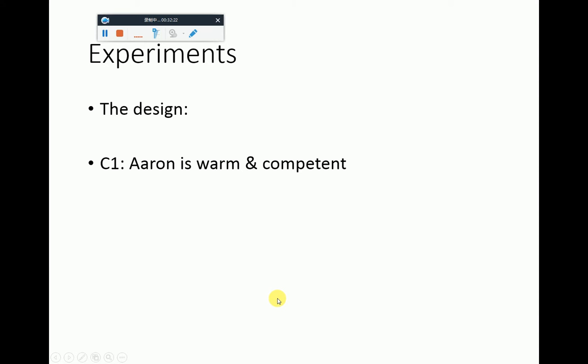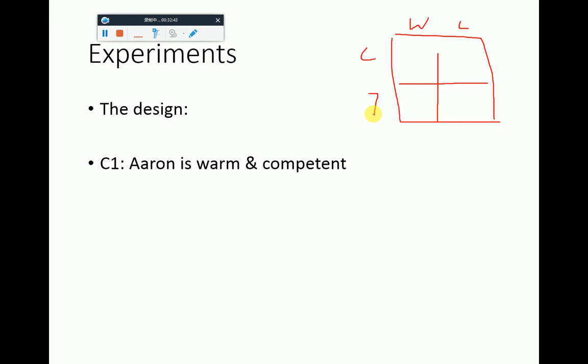Okay, so as we just said, now we have four conditions, right? This could remind us of the design using the table method. So we have warm, we have cold, we have competent, we have incompetent. So of course we have four conditions. In the first condition, we describe Aaron as warm and competent.